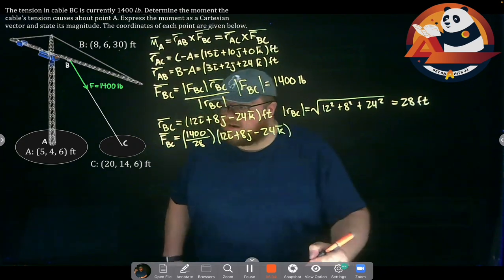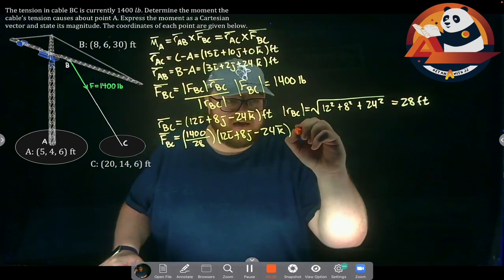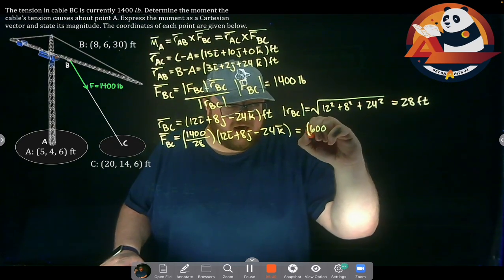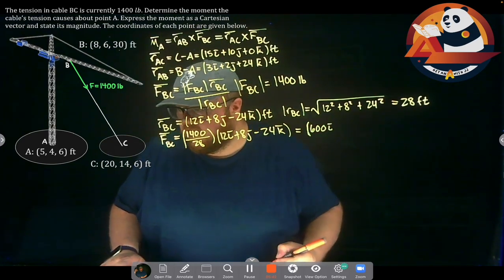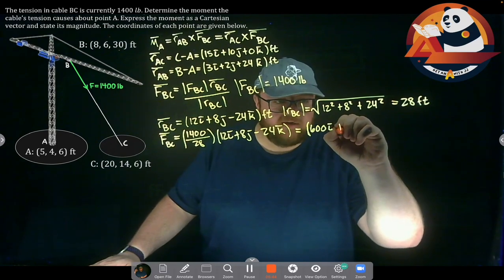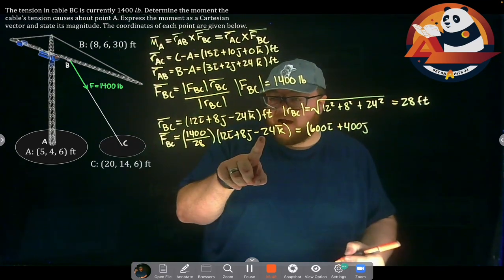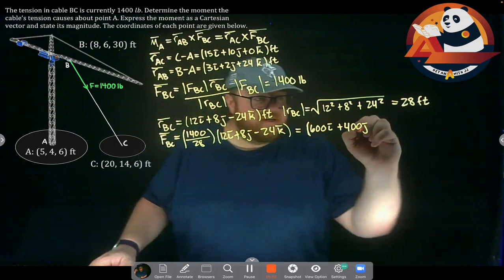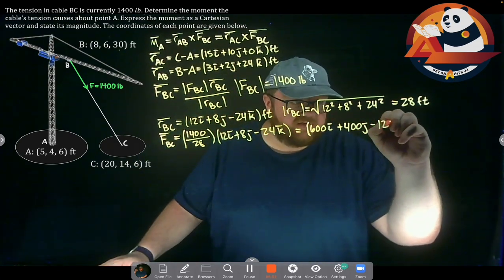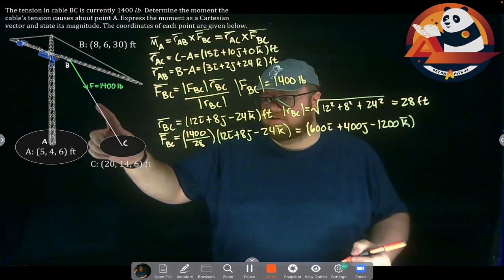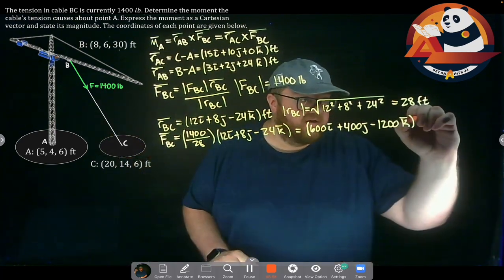This force vector is going to end up being FBC is 600i plus 400j minus 1,200k, and I'm in pounds because that was my force vector units.